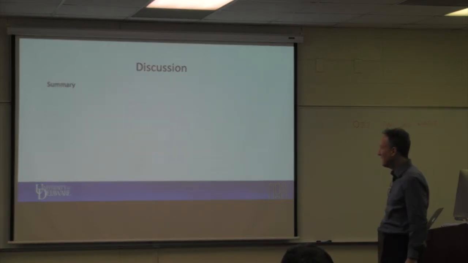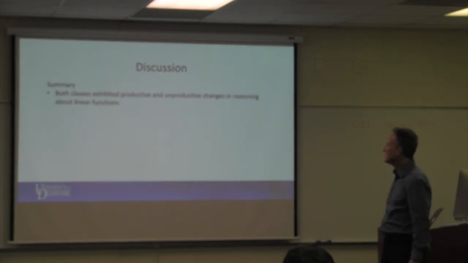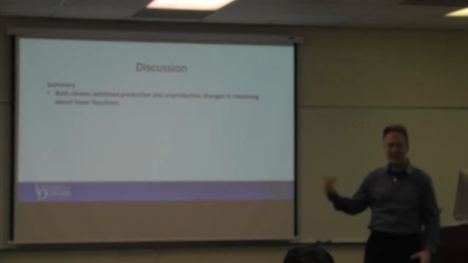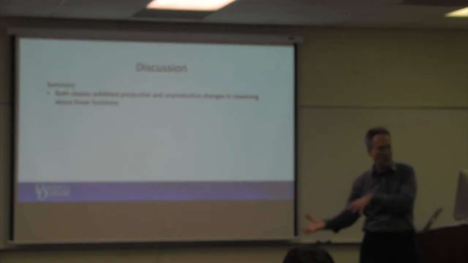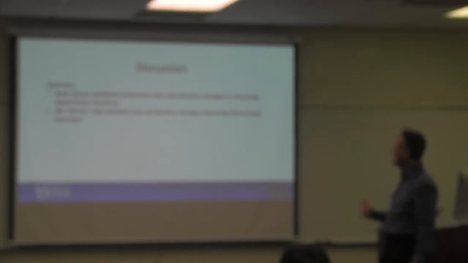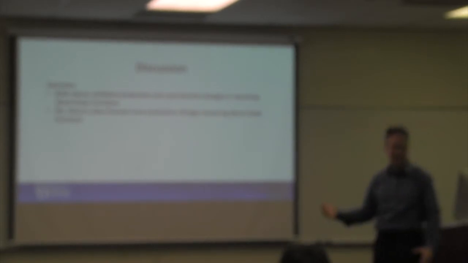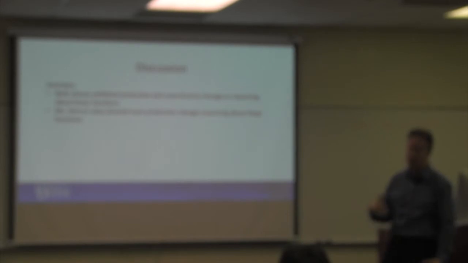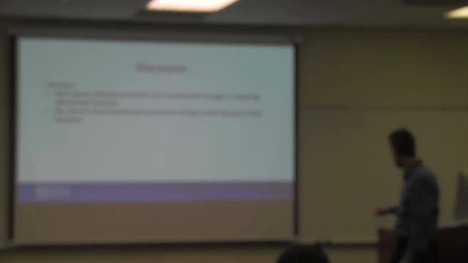Okay, so in summary, both classes we think exhibited some productive changes. Some students would change in one way, and then there would be a smaller group that would change in another way. But overall, Miss Henry's class seemed to show more productive changes over these two findings, and we also have a third subclaim that shows that as well.